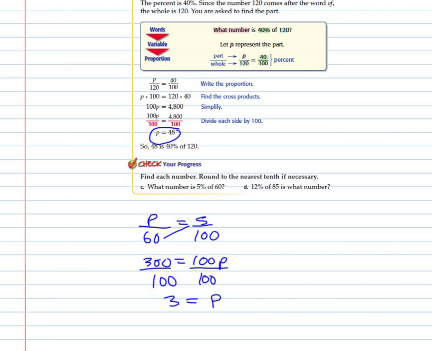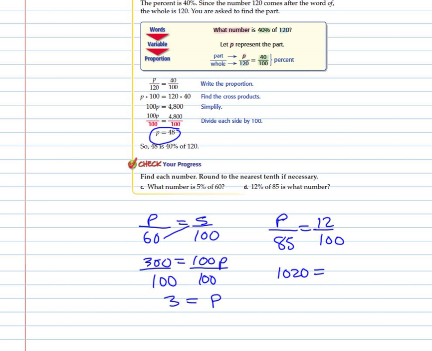In example D, 12% of 85 is what number? So again, P over 85 equals 12 over 100. My cross products are 12 times 85, which is 1,020, equals 100P.